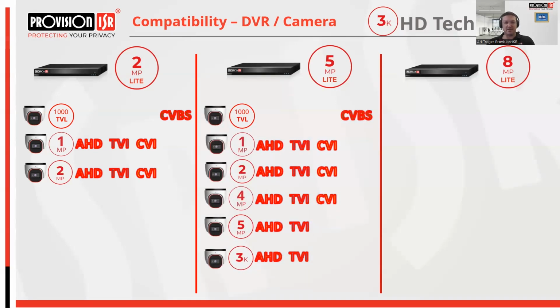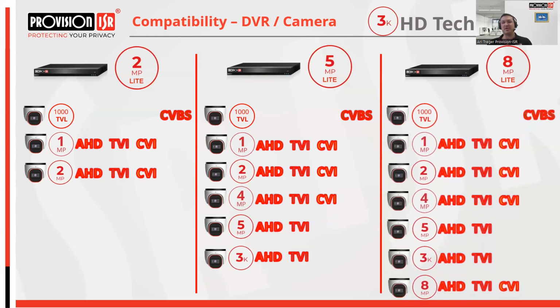Our 5 megapixel DVRs are compatible with CVBS, 1 megapixel, 2 megapixel, 4 and 5 megapixel, as well as 3K cameras. And our 8 megapixel DVRs are compatible with cameras ranging from CVBS all the way up to 8 megapixel.